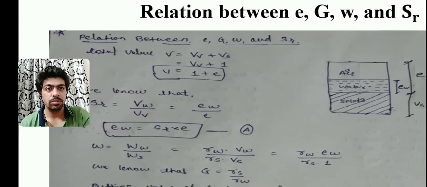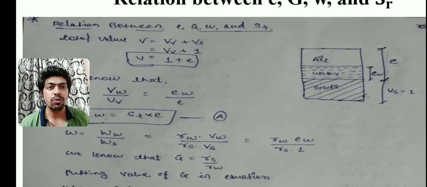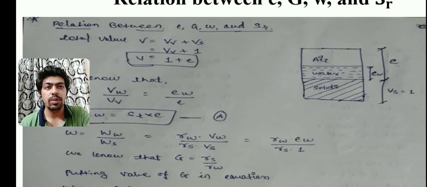Total volume is Vv plus Vs. Vs has a value of 1. So total volume will become Vv plus 1. We know that Vv is e, so total volume will become 1 plus e.